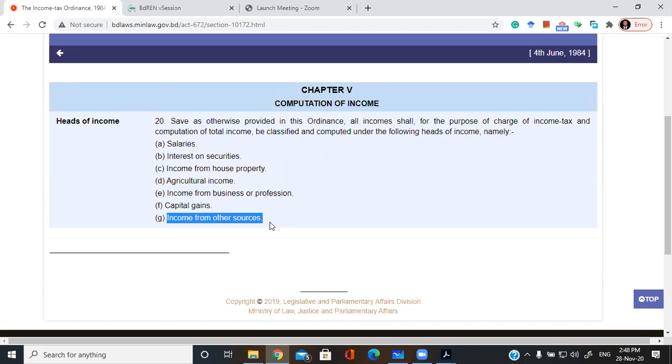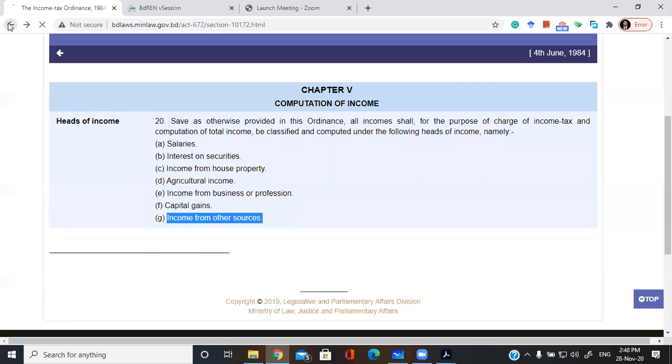That is one example which you have to include in the income from other sources. Then if you ask me that I receive dividend from my investment in stock of a particular company, in which heading do I need to show that dividend income? That is very common. The answer is that it is in income from other sources. So keep these things in mind.